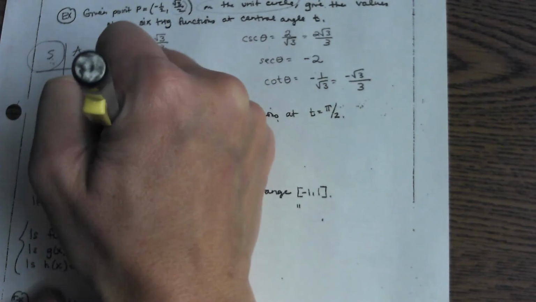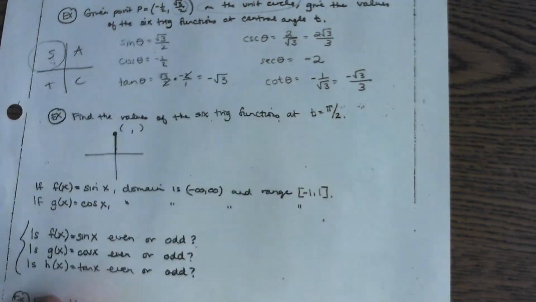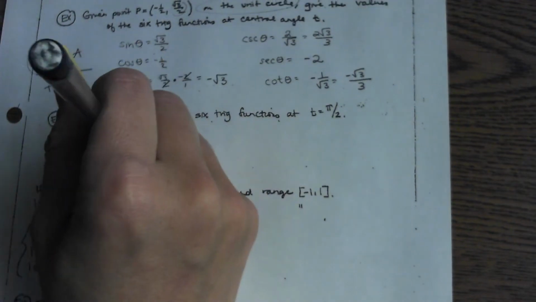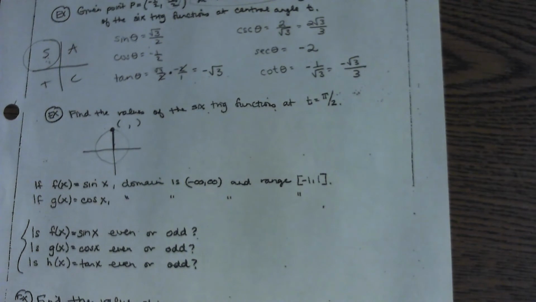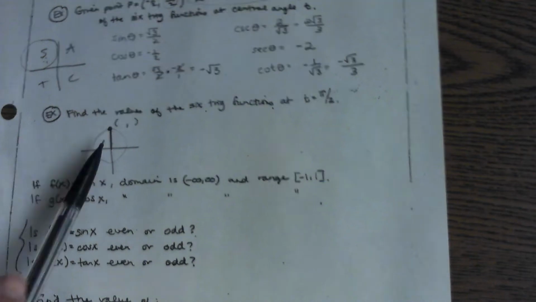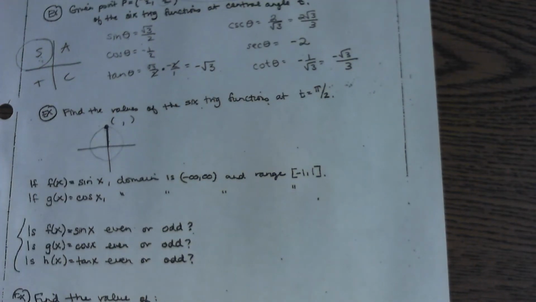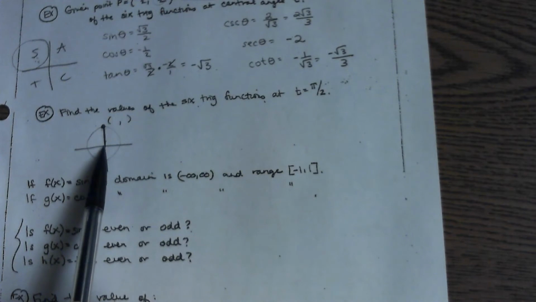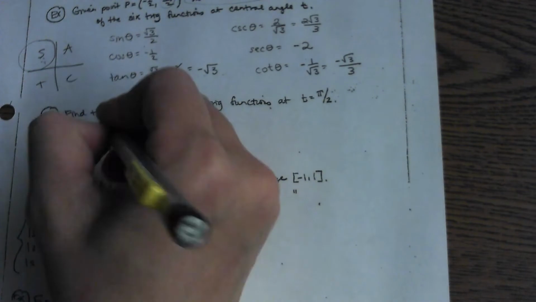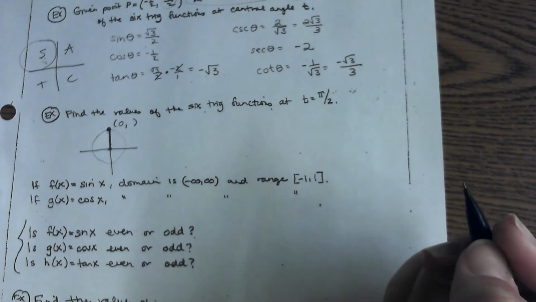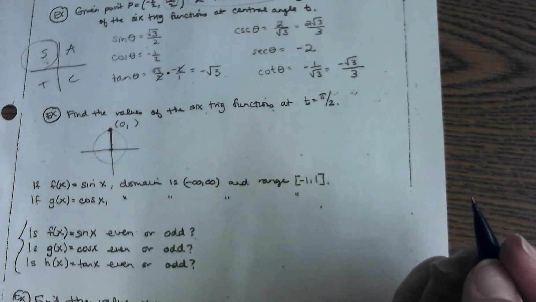So what would you label the coordinates there if you decided to put yourself in the unit circle, which I think would be smart? What would those coordinates be? Of that point. Like if this is 0, 0, how do I get to that point? We're in the unit circle. 1.